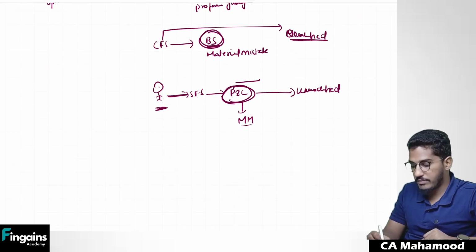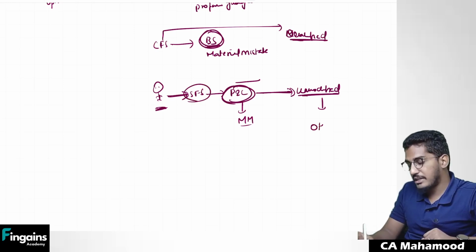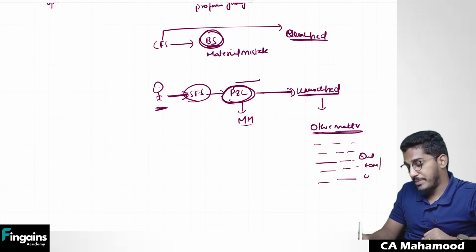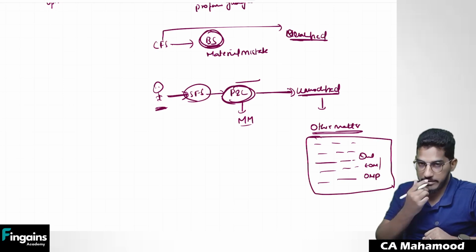Take, for example, the auditor of the standalone single financial statements who gave an unmodified opinion. What he can do is, in his audit report on that single financial statement, use an other matter paragraph, and there he will give a note that the main audit report on the complete set of financial statements has a qualified opinion, or that the auditor has included an emphasis of matter paragraph or an other matter paragraph.